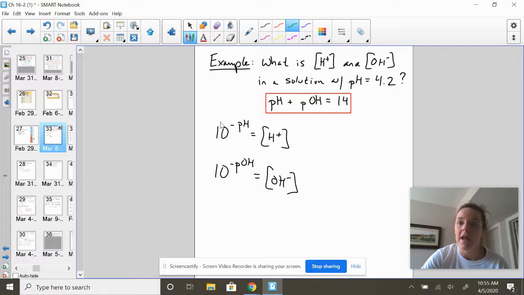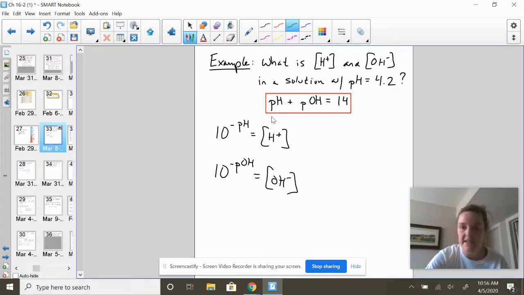All right, so if I were given a solution with a pH of 4.2, and I was asked to find the concentration of hydrogen and the concentration of hydroxide ions, how we would do that is we would take this red box equation, pH plus pOH equals 14.